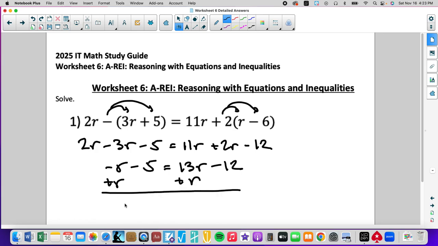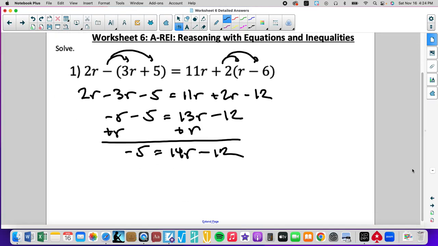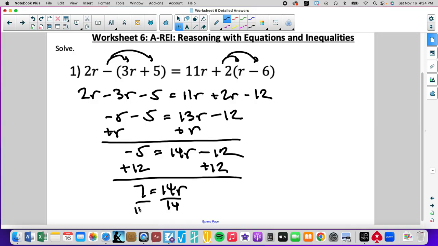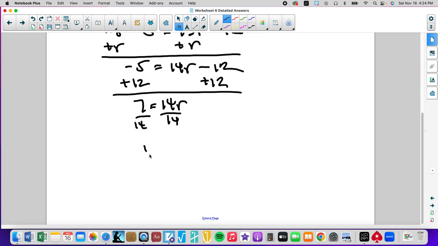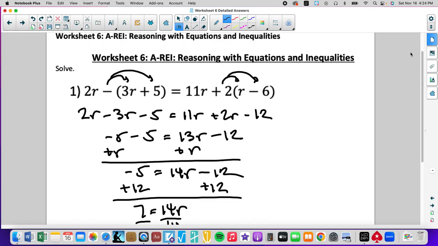My advice to you is to move the variables first. Then we're going to add 12, and that gives us 7 equals 14r. Divide by 14, and 1/2 equals r.